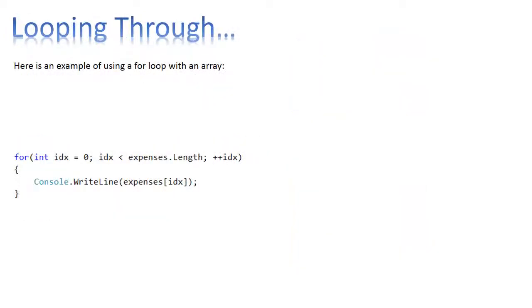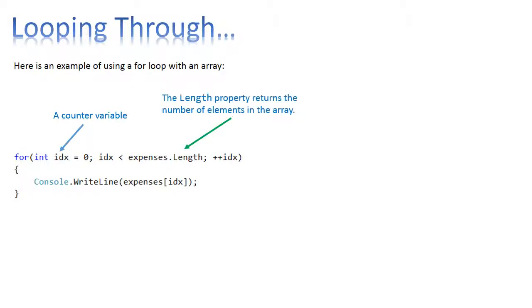Now, here's an example of using a for loop with an array. We declare the counter variable, and we call it idx, short for index. The condition of the for loop specifies that the for loop will run as long as the value of index is less than the length of the array.